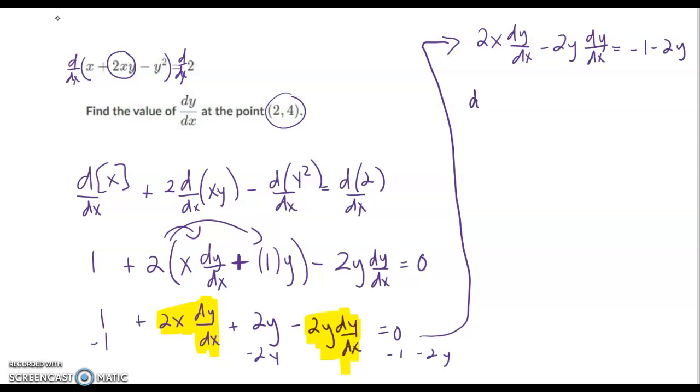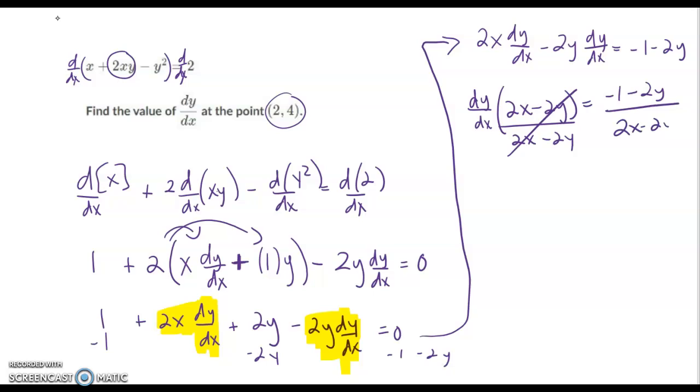Now I can factor out the dy/dx. That leaves me with 2x minus 2y equal to negative 1 minus 2y. And then I'll divide. And I've solved for dy/dx is equal to this.